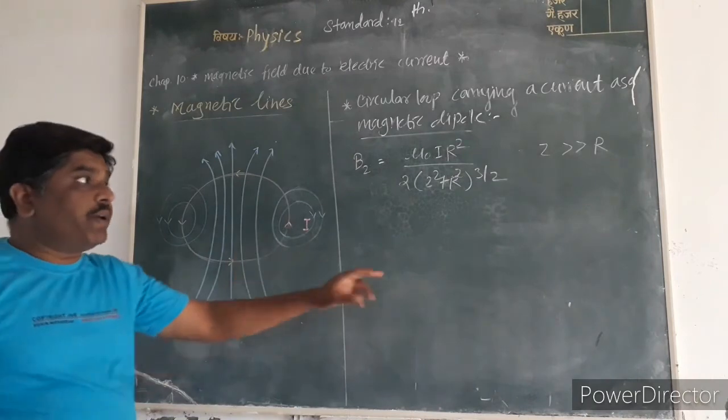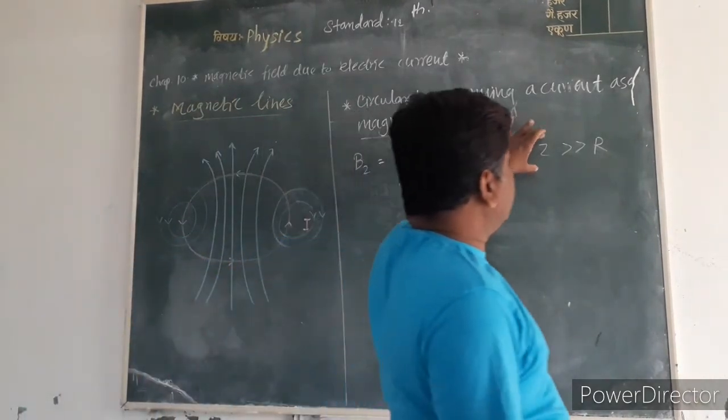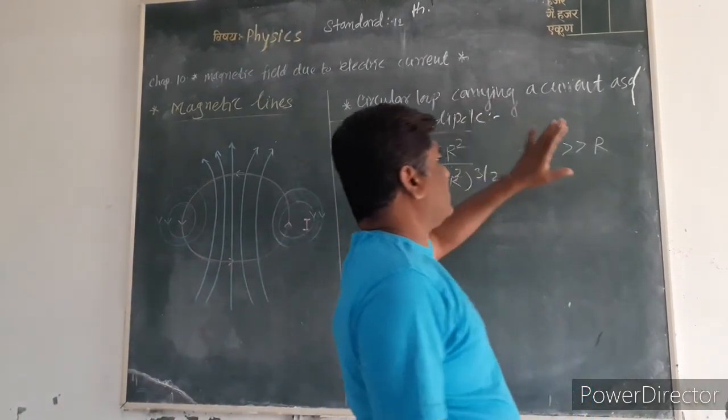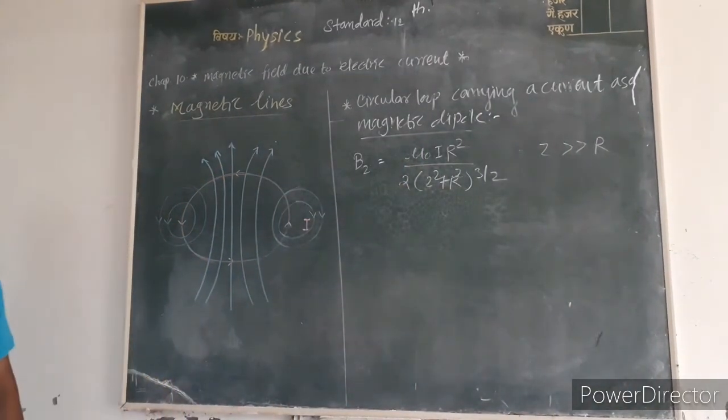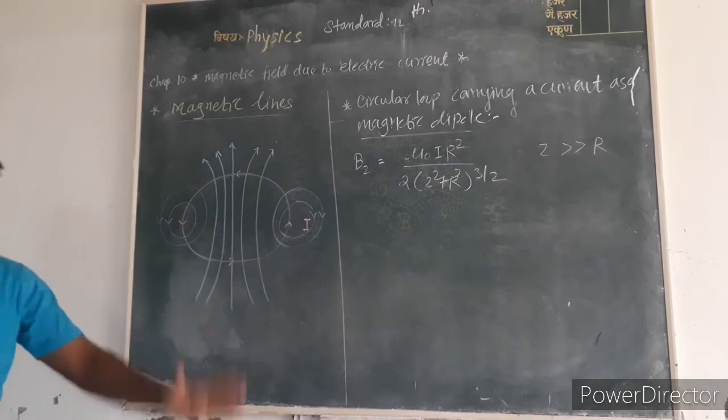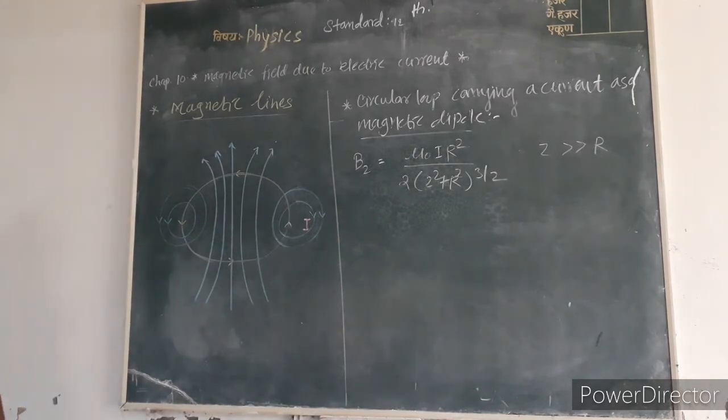As compared to distance z, the radius of the circular coil is very small. Hence, this r is neglected.